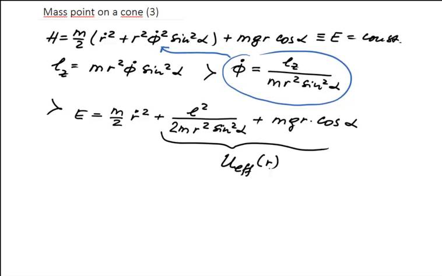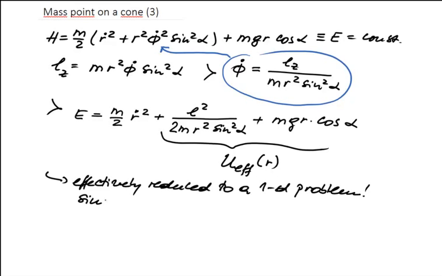We've eliminated the phi completely, and there's now only a single coordinate featuring, which is r. Once we are here, we can proceed in the same way that we solved one-dimensional problems in Newtonian mechanics. That was the first category of problems that we started with.